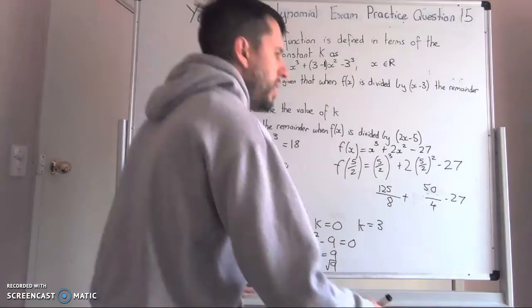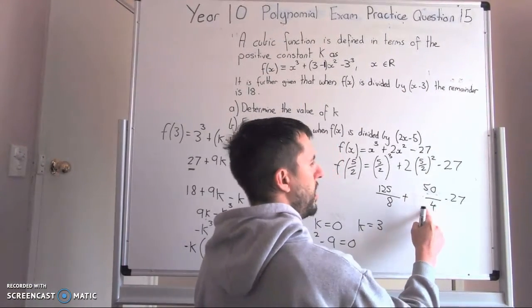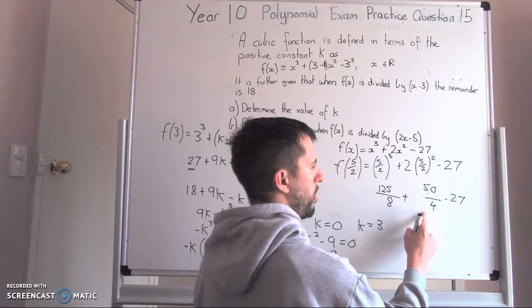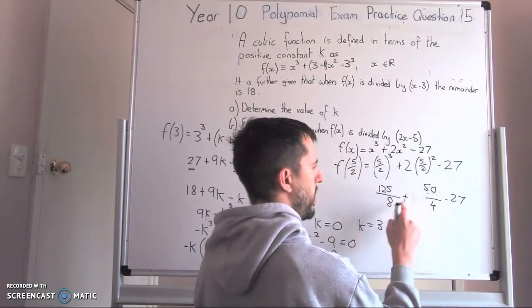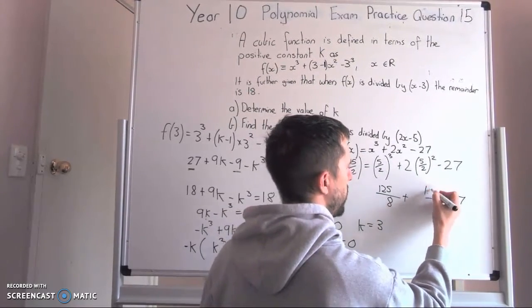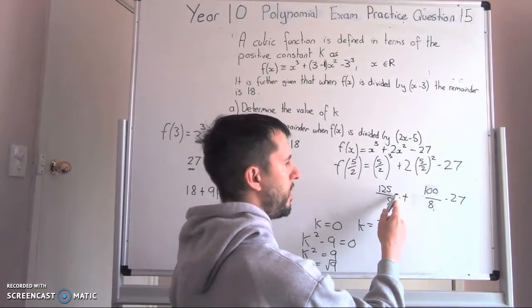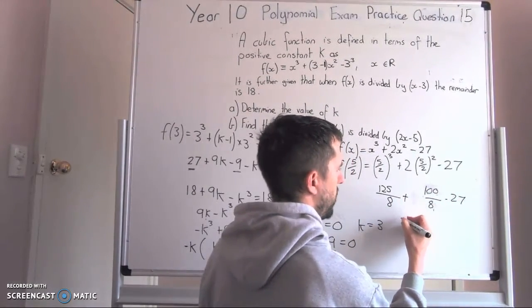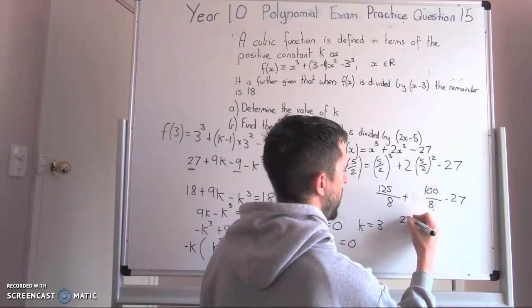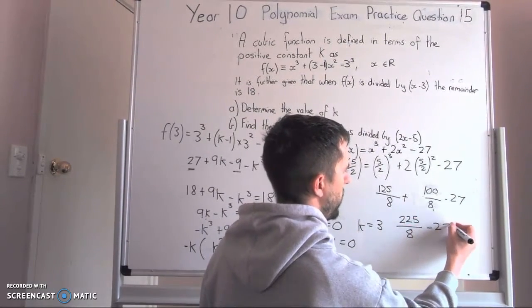To make it easier, I'm just going to do an equivalent fraction and times both of these by 2. So I'm doubling 4 to get it to 8, and I'm doubling 50 so it becomes 100 over 8. That gives me 125 plus 100, which is 225 over 8, take away 27.